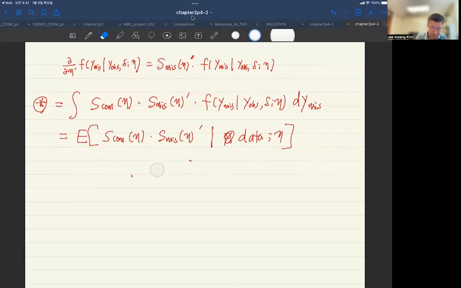Well, let me try to simplify a little bit. Remember, this one is S obs eta plus S miss.